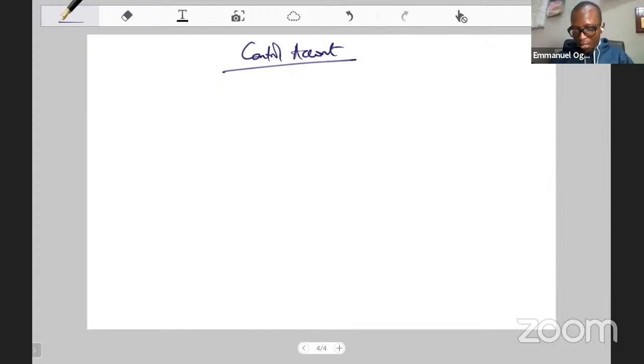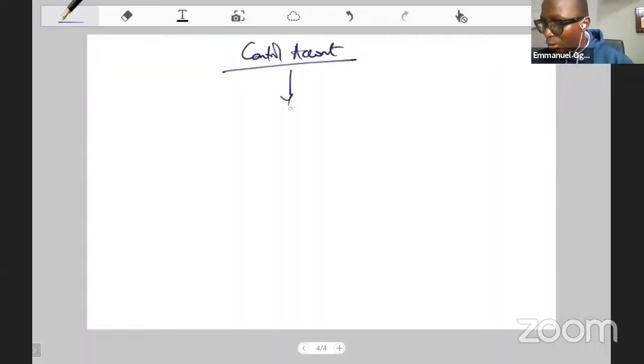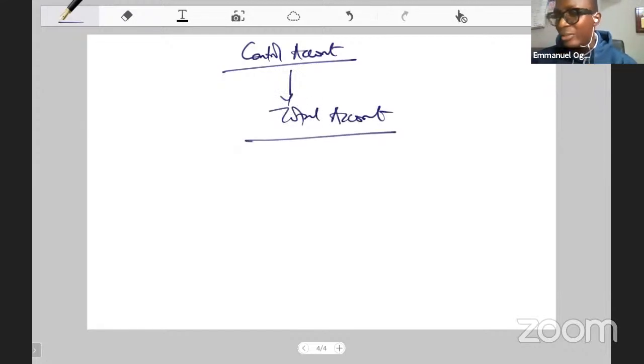Like what I always tell you, whatever we do in this class is something that you can extend to a higher class. Maybe you want to write your ICAN exam or any other exam. So when you talk about control account, I just want you to know that control account is also called total account. Control account is also called what? Total account. Now, what is the main aim of preparing control account?